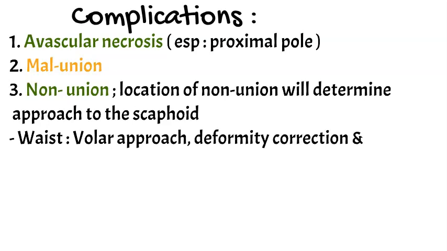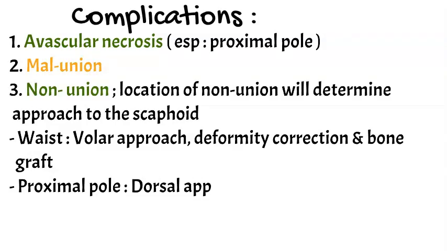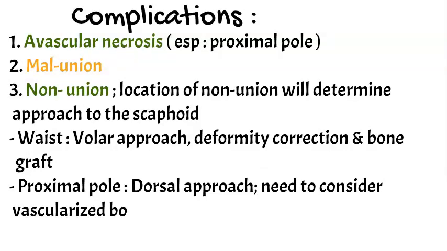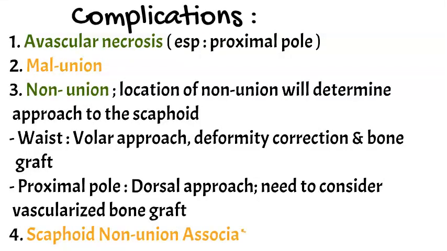For the waist, volar approach, there will be deformity correction and bone graft. Proximal pole, usually dorsal approach, need to consider a vascularized bone graft. Number 4, scaphoid non-union advanced collapse, SNAC.